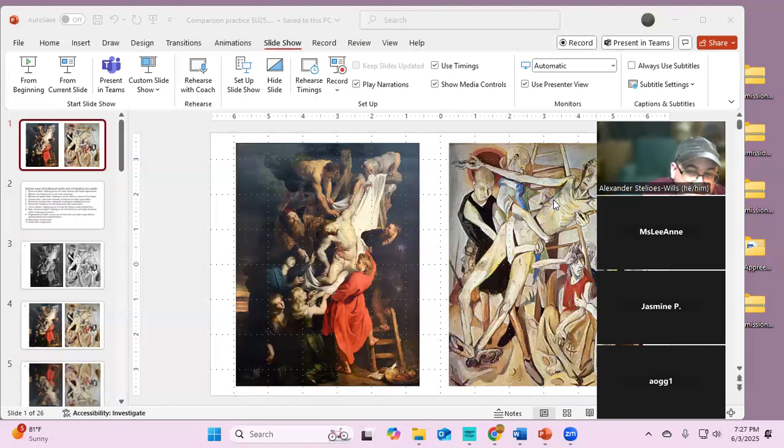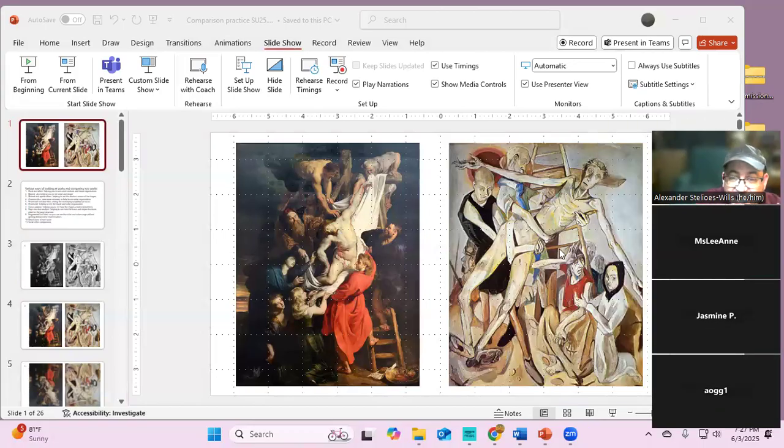It's used in certain ways, but it's not used at all in a similar way. It's very different. And because it's used in a very different way, it can't solve those problems in the same way that it does in the Rubens painting. And so he has to rely on other things to create emphasis, other things to create contrast, and other things to create unity.